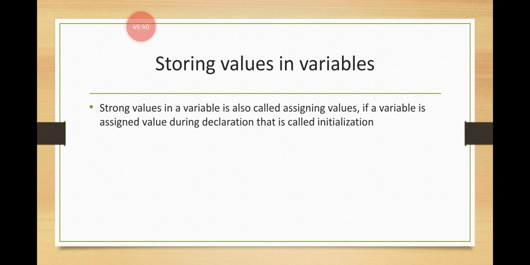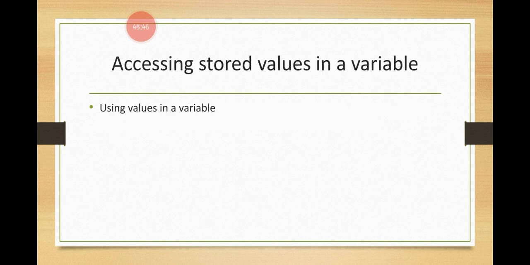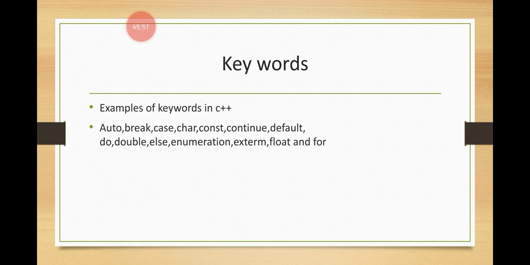As we have seen how we can access stored values in a variable, now let's discuss keywords. So far we have covered two important concepts, variables and their data types. We discussed how we can use data types like int, long, and float, and we learned how to name variables and store different values in them.